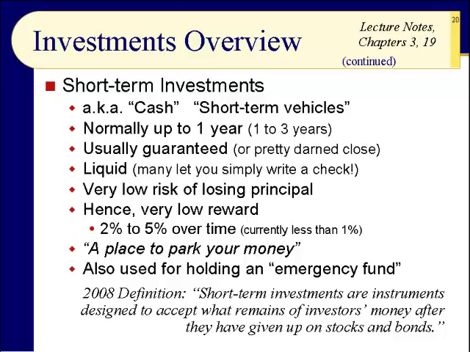Now let's see the 2008 definition, because 2008 comes around every 20, 30, 50 years. Short-term investments are instruments designed to accept what remains of investors' money after they have given up on stocks and bonds. This is what happens, folks. We're not rational individuals. When the market falls 20, 30, 50%, we panic and take our money out of stocks and bonds and put it into short-term cash investments.